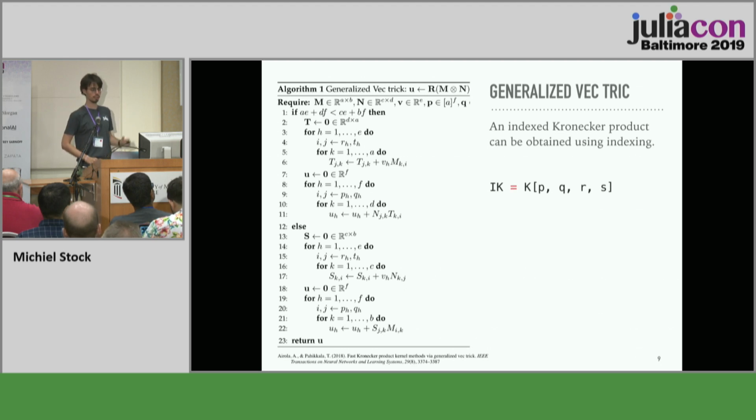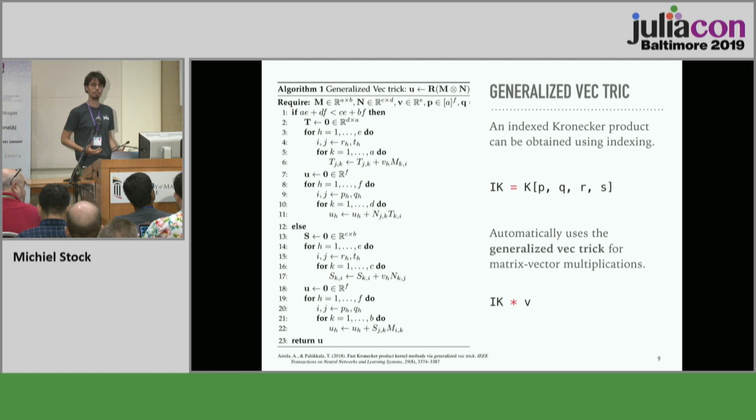And this indexed Kronecker product is just the Kronecker product type plus all these indices. And if you multiply this with a vector of the correct size, then it will just use this generalized Kronecker product to be quite performant.